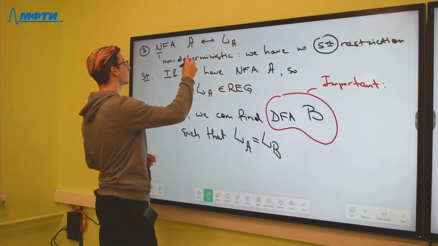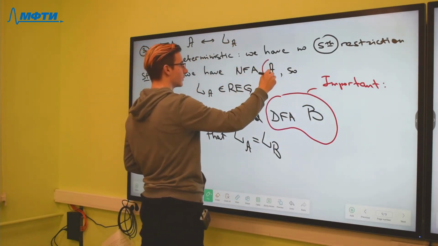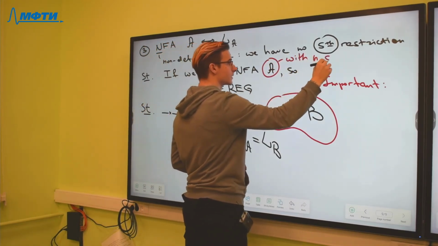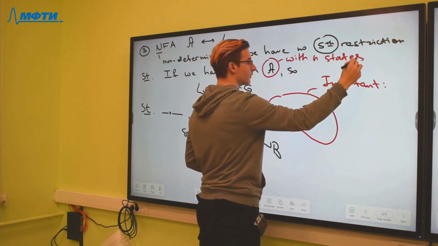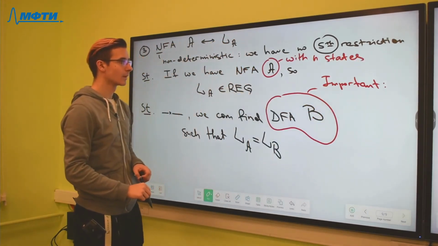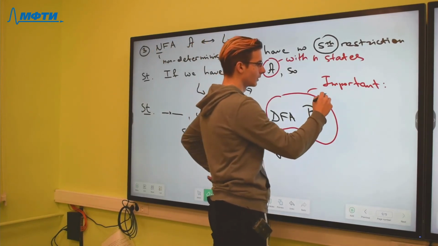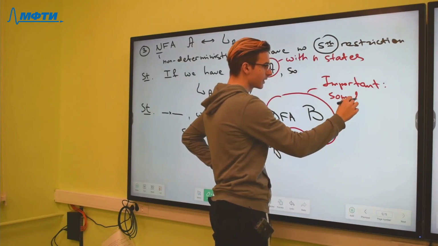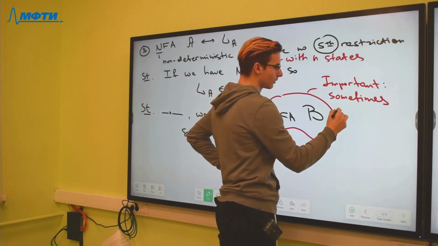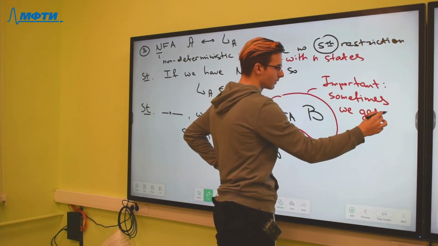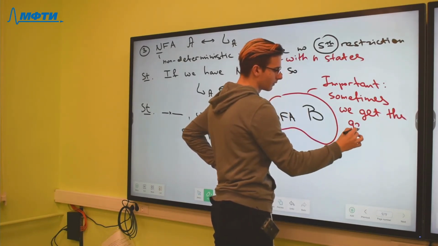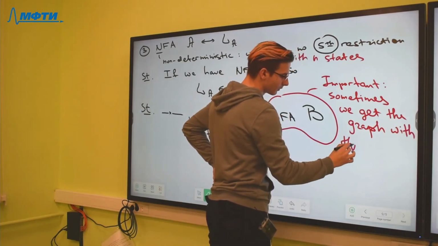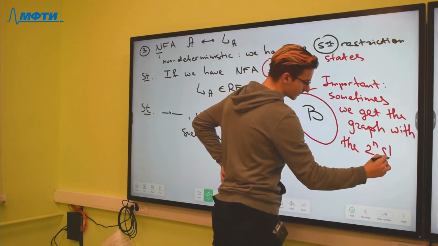So if we have an NFA with n states, sometimes we get a graph with 2^n states.